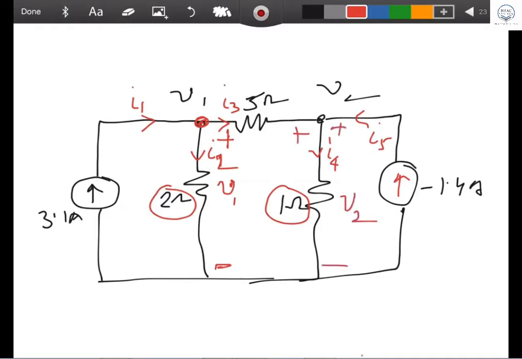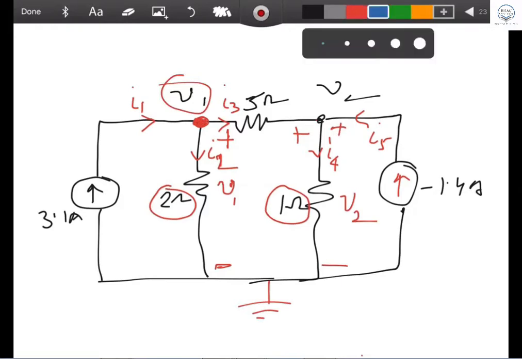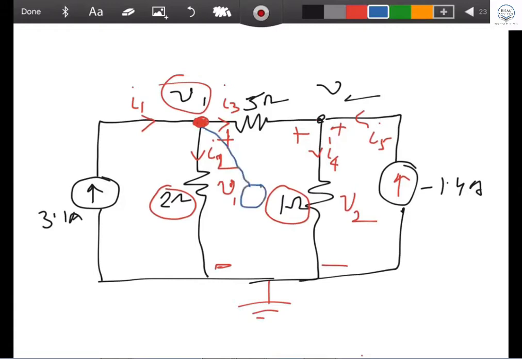Everybody should try to understand what this means. It means this node point, the voltage at node V1: if you connect a voltmeter, with this as ground, in the lab, as an electrical engineer, every student should know and understand it. You connect one point of the voltmeter here and another to the ground.